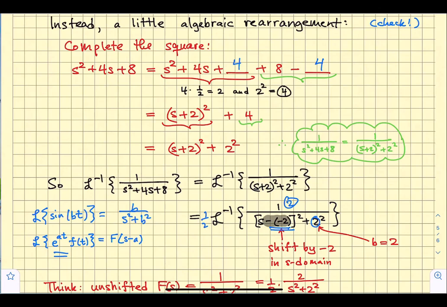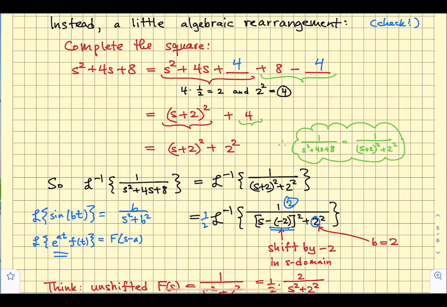And you're correct. So when I remove this shading, what we have is a shifted version of something that inverse transforms back to sine 2t.